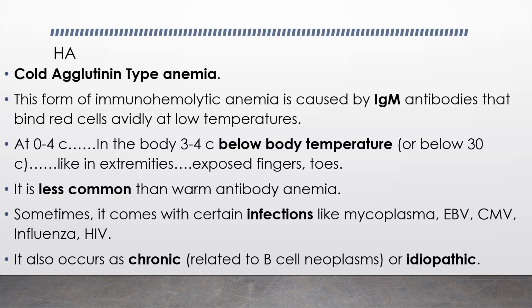Cold agglutinin, IgM mostly, and lower body temperature, 3 to 4 degrees, 6, 7 degrees below body temperature. So extremities, fingers, toes, etc. Less common and comes mostly with infections, many times infections like mycoplasma, EBV, CMV, influenza, HIV, fungal and viral infections mostly, or other atypicals. Chronic or idiopathic.